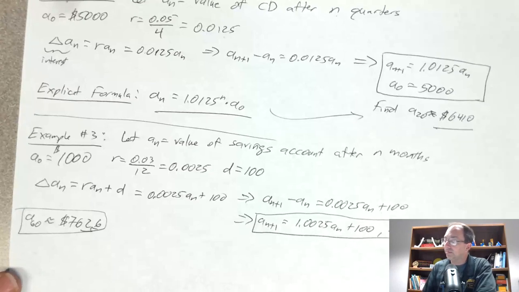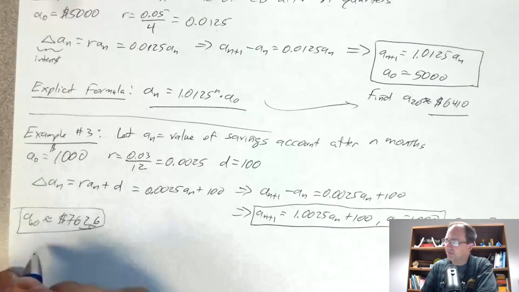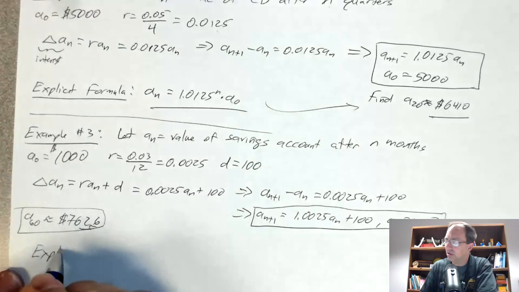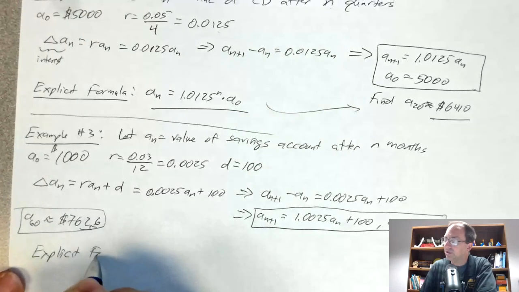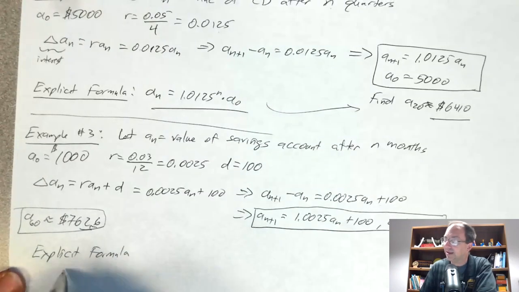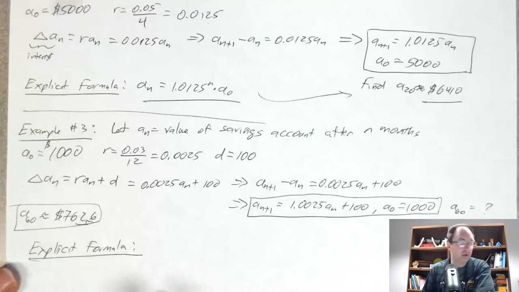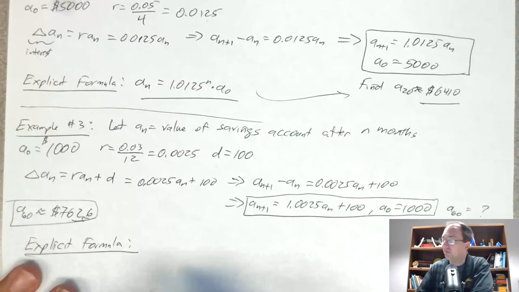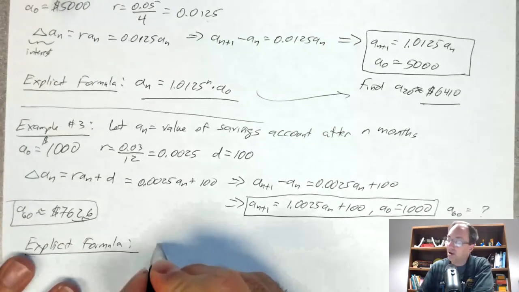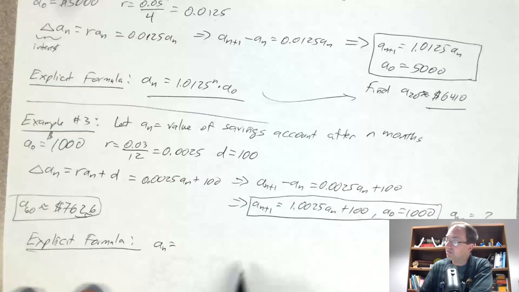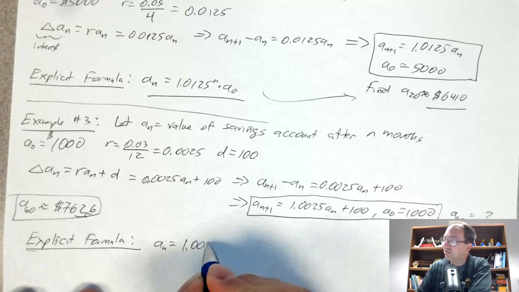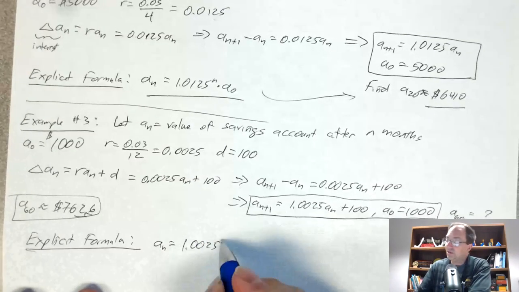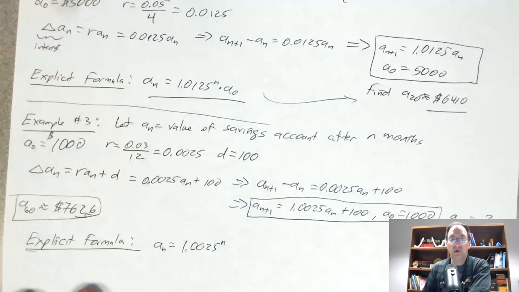All right. What about an explicit formula? This one is not so obvious, so we're going to leave this as an exercise to try to figure out on your own. But I'll go ahead and give you the formula so you can compare. The formula for this is 1.0025 to the nth power, so similar to before.